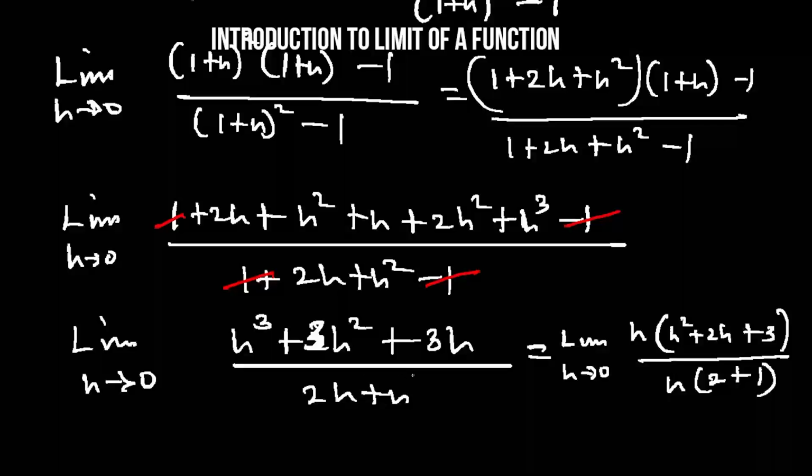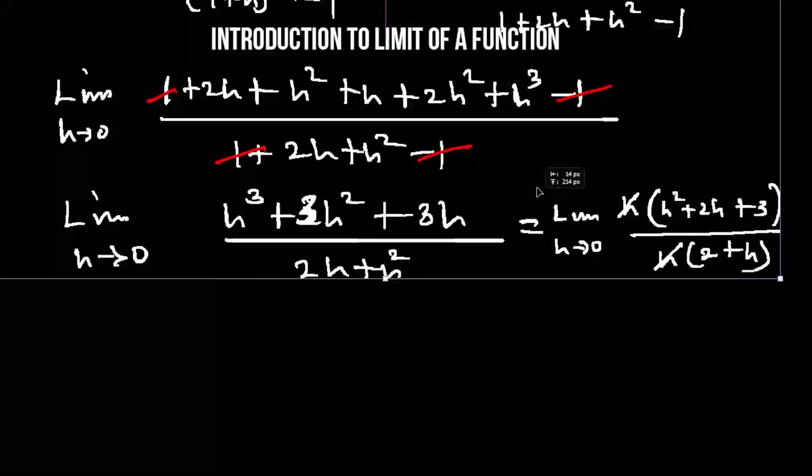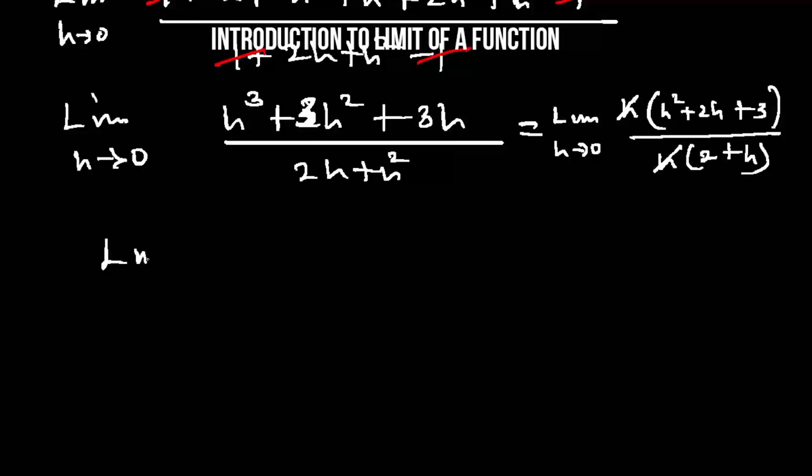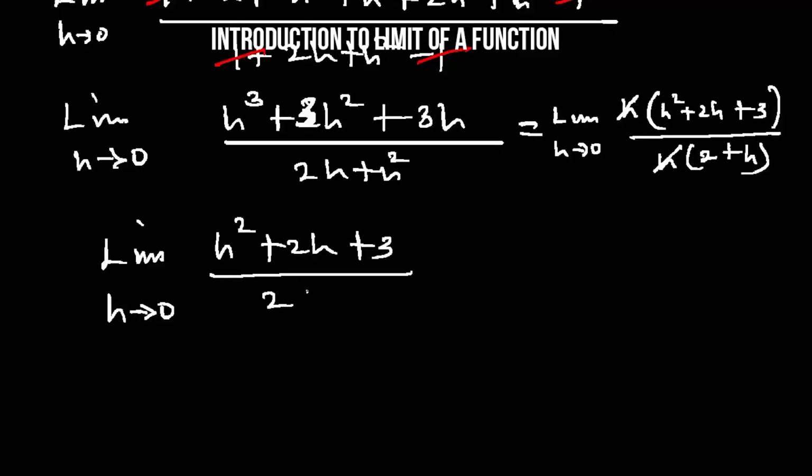The denominator is supposed to be h squared. So this is h, and this is going to be squared. So this and this would cancel, obviously. Then if that cancels, we have that the limit as h tends to 0 of h squared plus 3h plus 3, divided by 2 plus h.